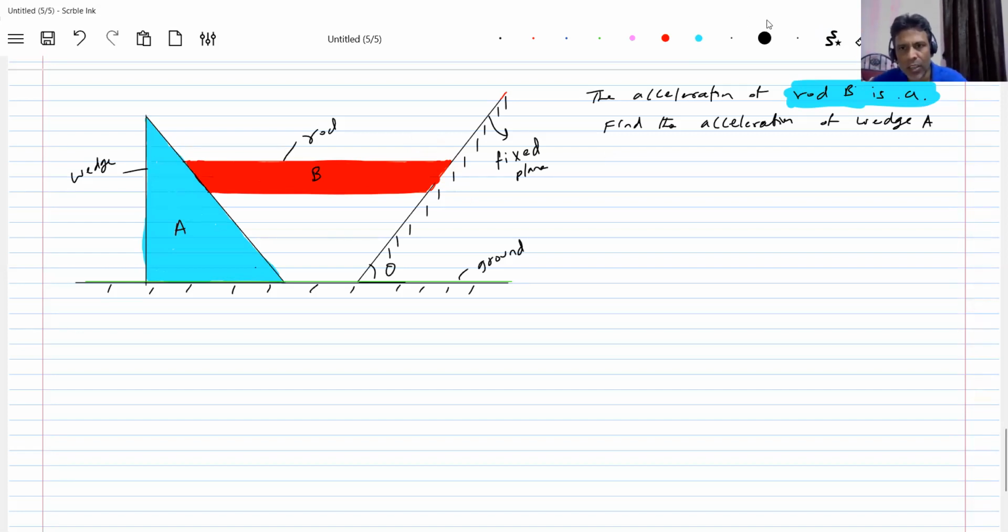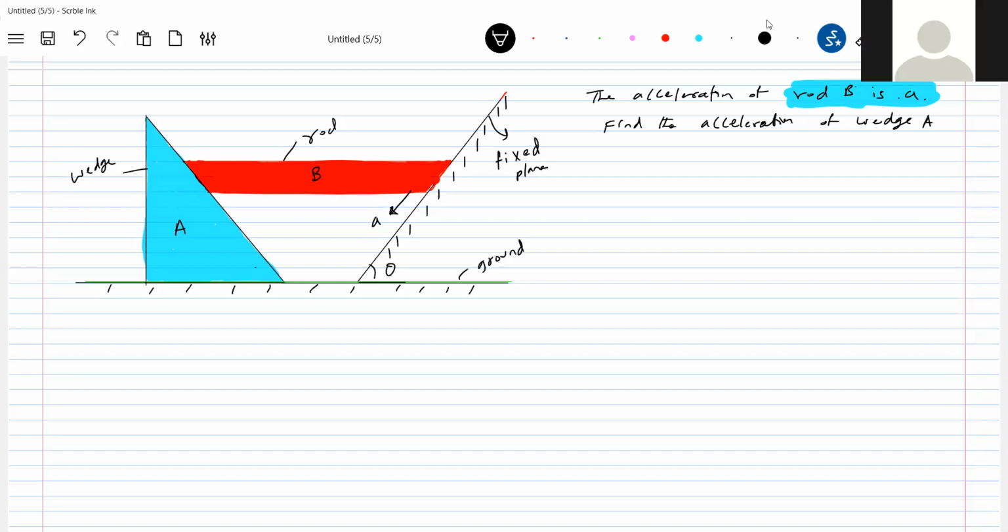So how will the acceleration of the rod be? It will be directed in this way. I'm showing it near the fixed plane so that it will be easy for you. It should be parallel to the inclined plane. If you can agree with this, then only you can get into the problem.